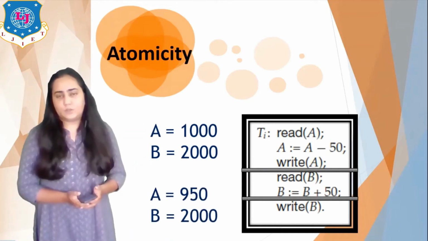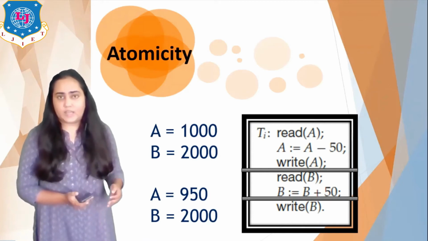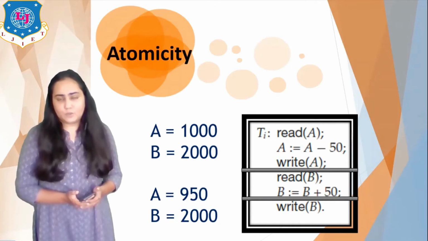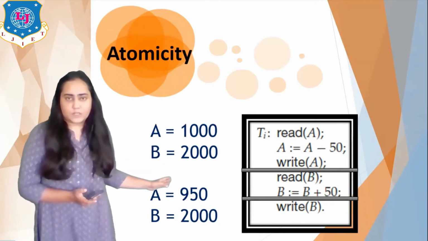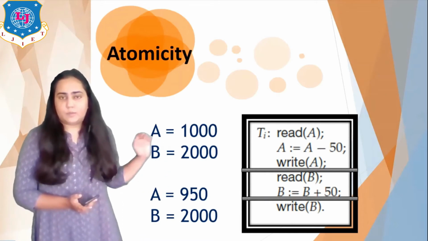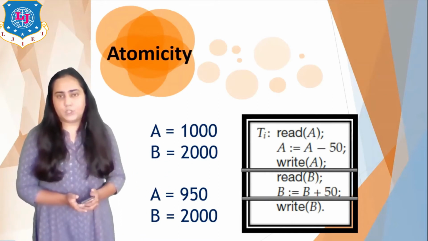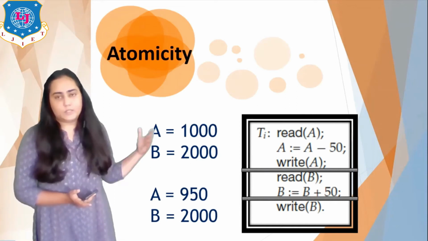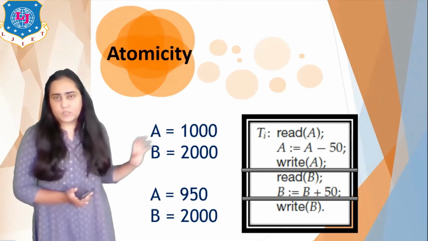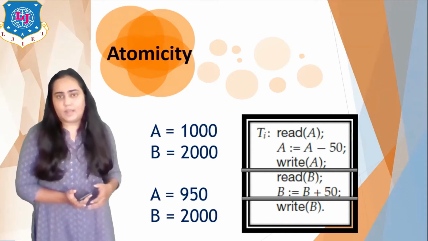Then this is what your new value will look like. It means A is now 950 and B remains 2000 if there is any error in this region that I talked about. Because before the transaction got a chance to make the value of B permanent, it failed. And due to that, the amount got deducted from A but did not get added into B.